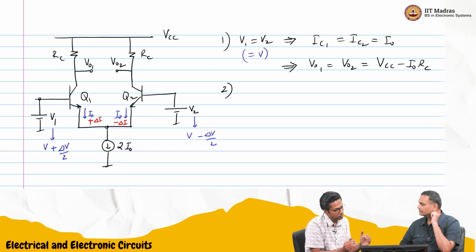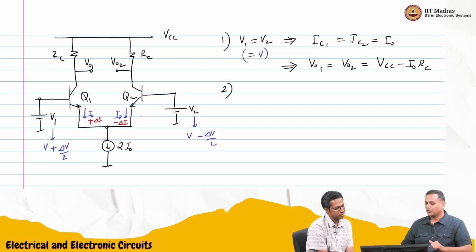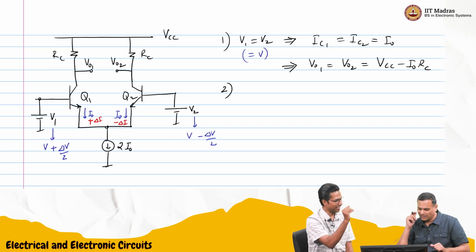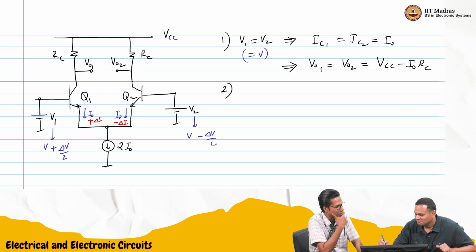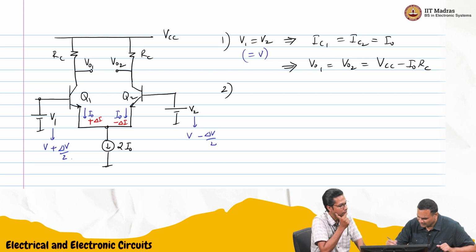So if we keep on doing this, if you keep on increasing delta V, a little bit more, a little bit more, at some point all 2I0 will go through one side.